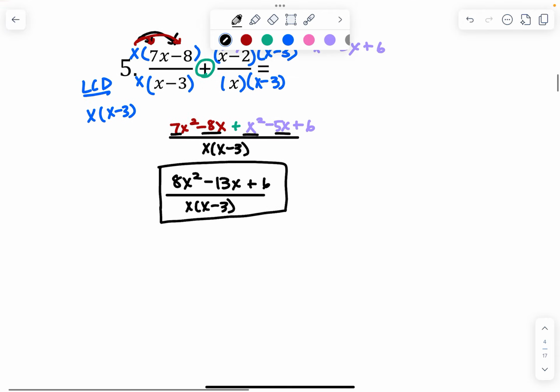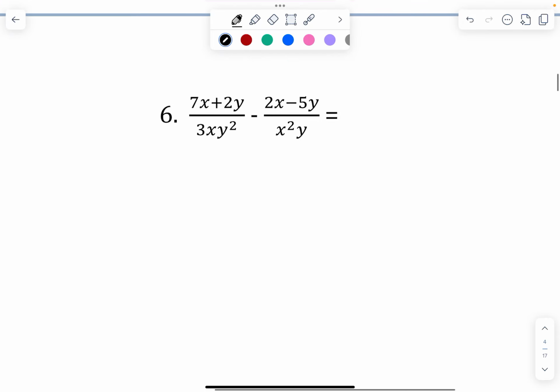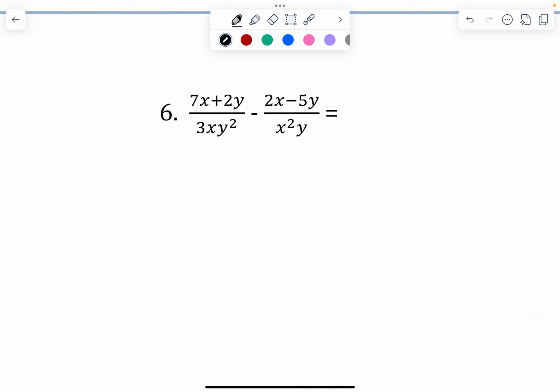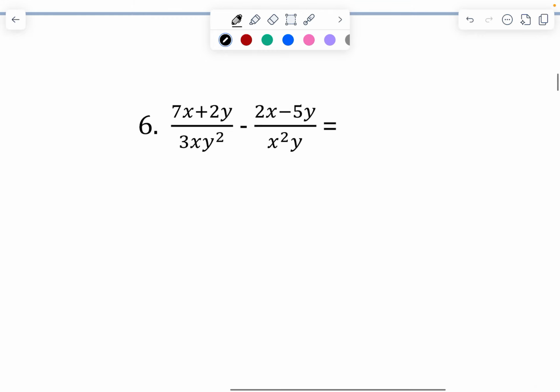All right, looking at number 6. This is a little bit different because these aren't quadratics or trinomials. There's no plus signs or minus signs. So as you build your LCD, you already have factors. You have 3, you have an x, and a y squared. So I know minimally I need a 3, I need an x, and I need a y squared.